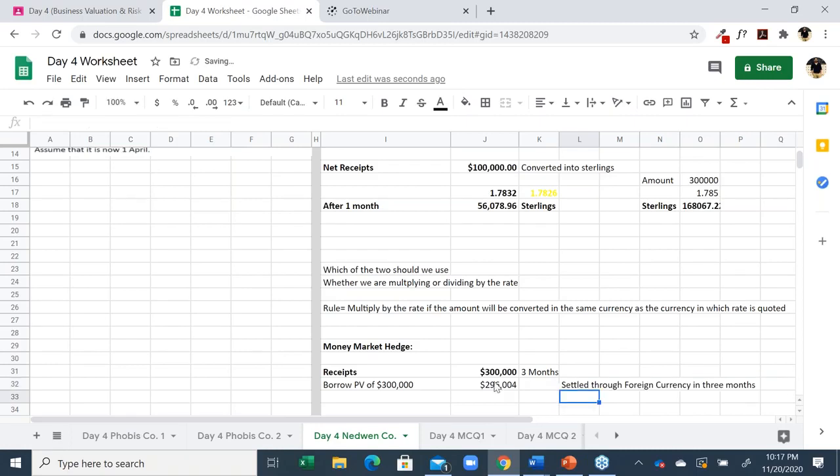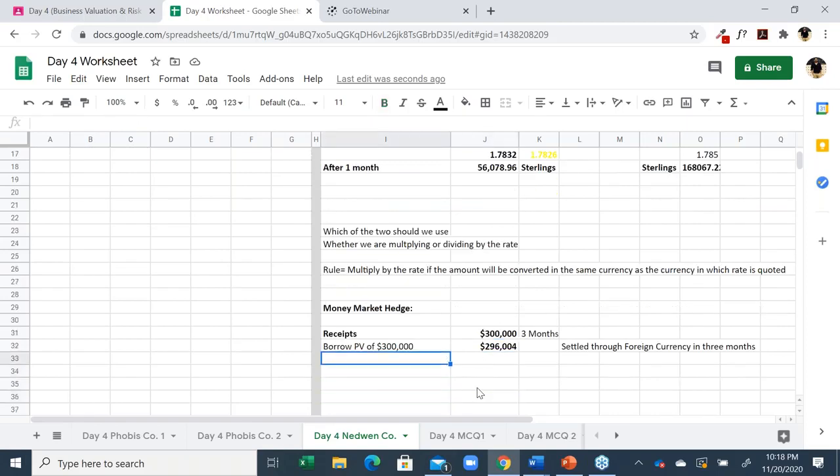So by the time we receive this amount, we will not have to convert it into pound sterling. We will straight away pay this to the bank from whom we have borrowed this amount, right? But we can't keep this amount idle. Now we have these dollars in our hand today, and we cannot keep this amount idle. So we have to invest it in another investment.